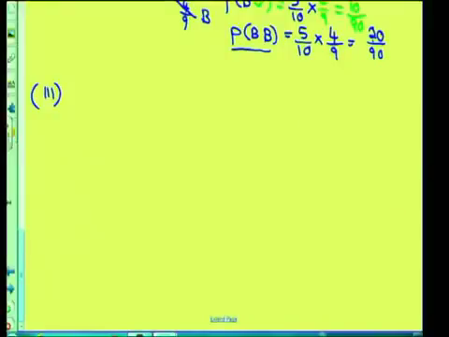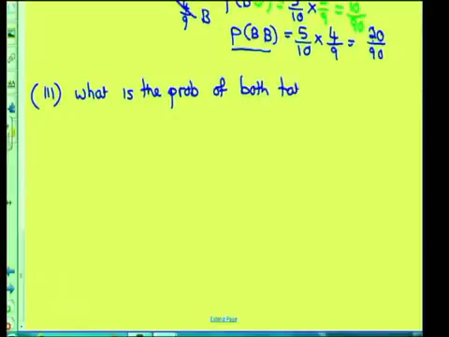What I want to do is add one more question to this, which people like to ask. Let's call it number 3. It's not on the notes, but I'm going to put it in anyhow. They would ask, what is the probability of both tablets being the same color? Now I'm not fussy.